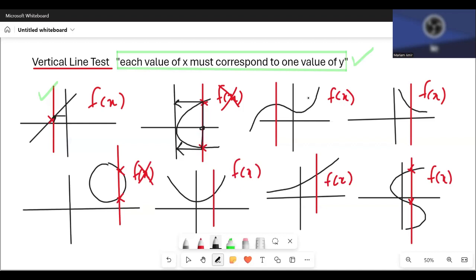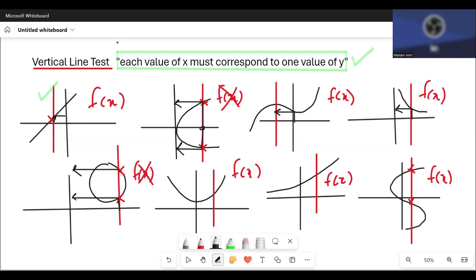In the third one, a single value of x is giving you one y only, so it's satisfying the vertical line test. This one is also satisfying it because one value of x is only giving one y. Here, a single value of x is giving us two y's, so that does not categorize as a function.